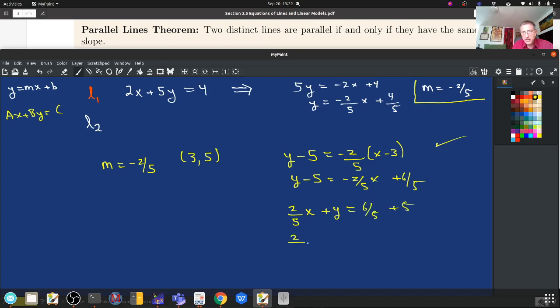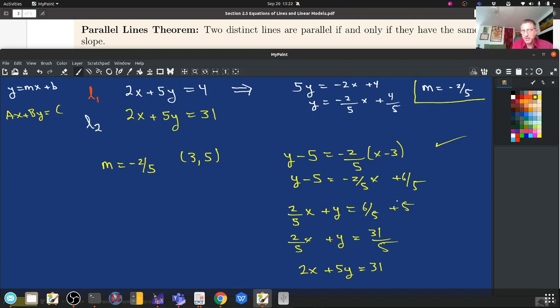So that's going to give you 2/5 x plus y is equal to 31/5. And then you might as well rationalize the denominators. That's going to give you 2x plus 5y is equal to 31.